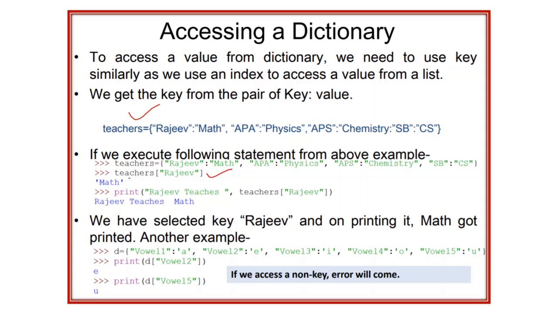If we want to print the math value, then we have to pass the key Rajiv in the teachers dictionary. We selected the key Rajiv, and on printing, math got printed. There are a few other examples. You can see D of vowel 2 will print E, D of vowel 5 will print U in the D dictionary.